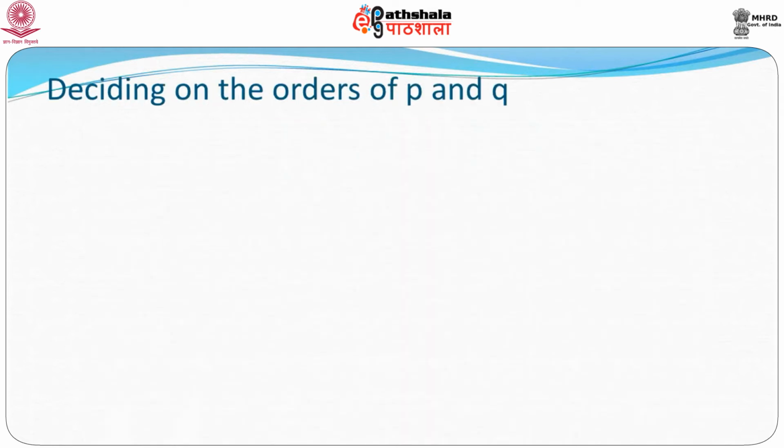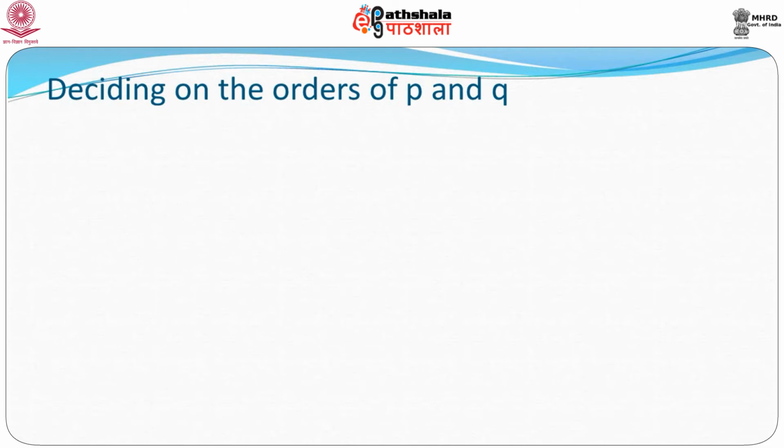Once we have reduced the process to a stationary one by identifying the d values, that is a small d and a capital D, and then differencing accordingly, what we are reduced to is a stationary process, and now we fit an ARMA(p,q) to this model. How do you choose?